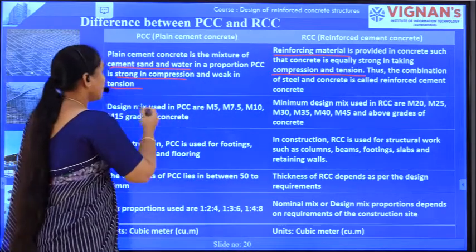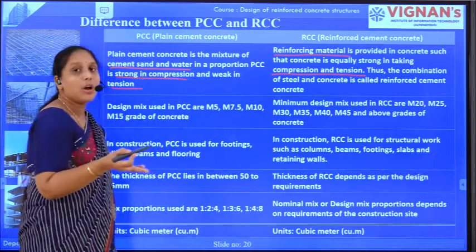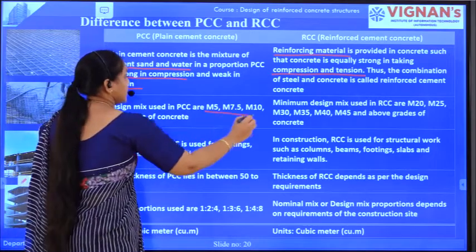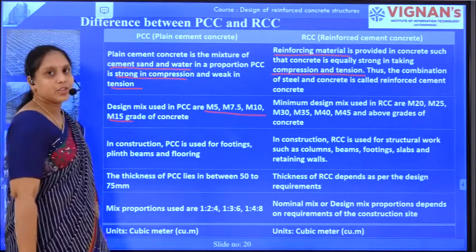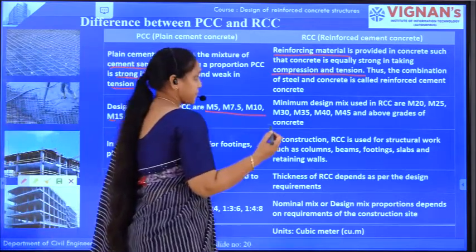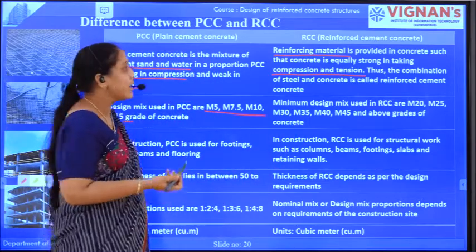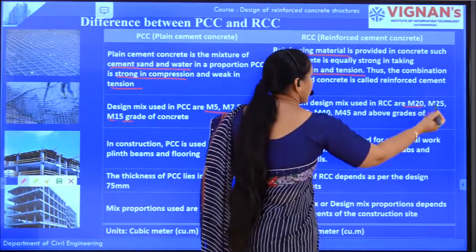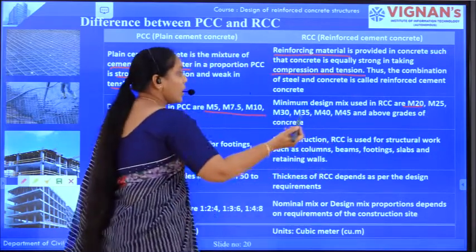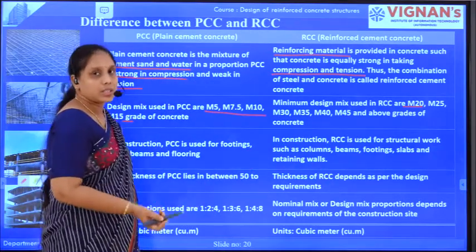The PCC design mixes are generally below M20, that is M5, M7.5, M10 and M15. As I have mentioned already, the minimum grade of concrete to be used for RCC is M20. So, from M20, 25, 30, 35 and so on are the design mixes for RCC.